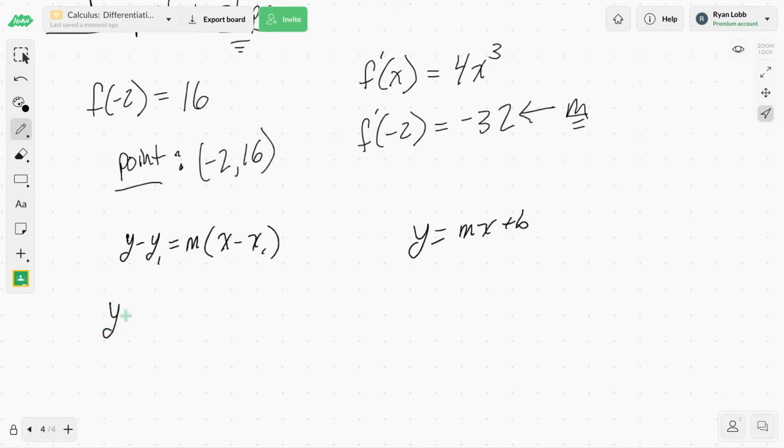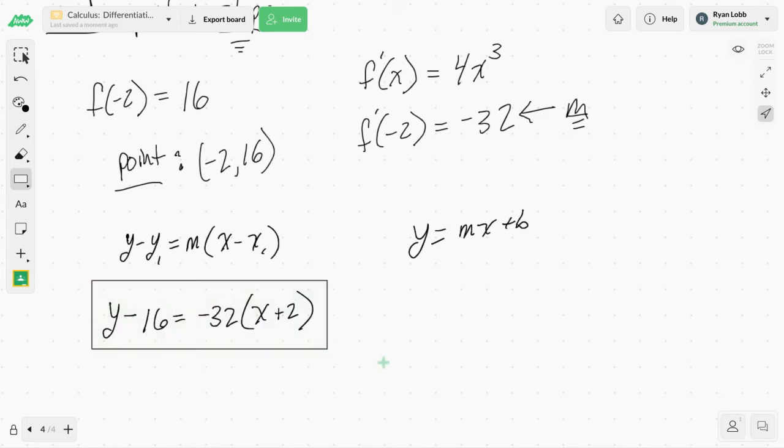So we get y minus 16 equals -32 times x minus -2, so x plus 2. Now, listen to me. For those of you who are taking the AP test, you can 100% absolutely leave your line looking like that. There's no reason to do any more than that. That is the equation of the line.